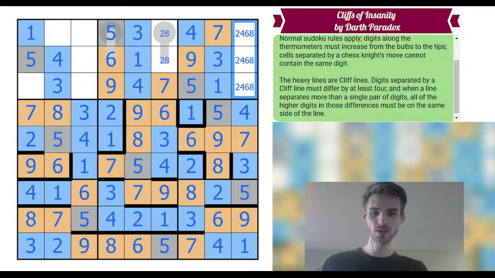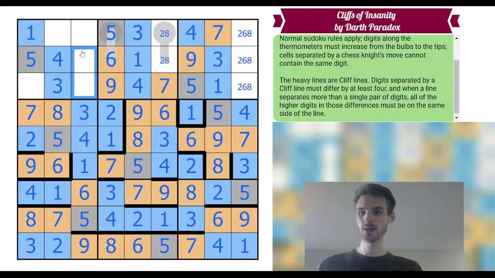Okay, these are not 4s. Up here we need 7s, which are placed. That's a 7. We need a 2 and an 8, which of course is not resolved.